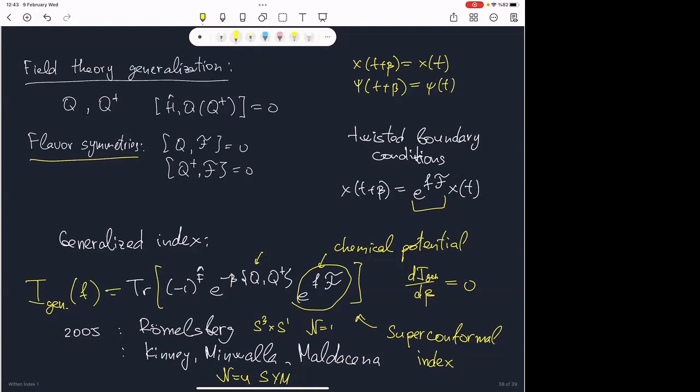That means the supersymmetry is broken. It doesn't matter how, but it's broken. And when you break the supersymmetry, we cannot talk about the index, because the index is exactly about supersymmetry, and if it's broken, there's no index.